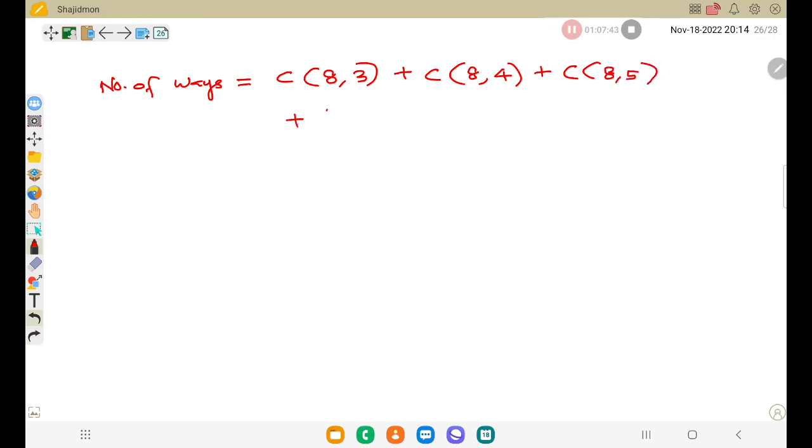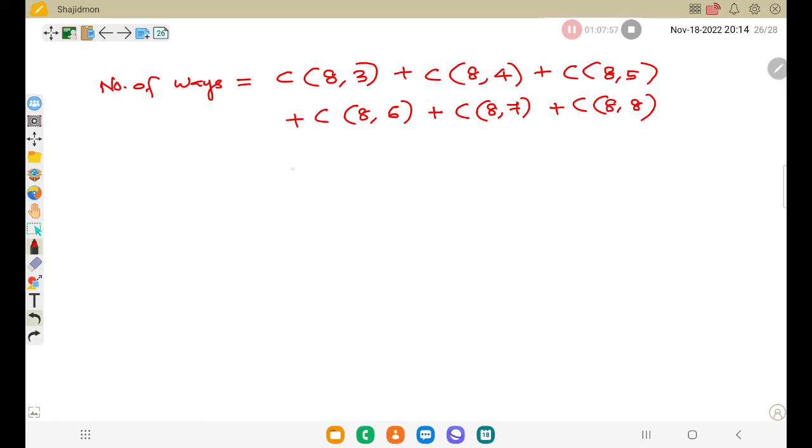number of ways equal to combination of 8, 3. Correct? Minimum 3, plus those 3 combinations we can select, 4 combinations we can select, 5 combinations, C(8,5), plus C(8,6), correct? 6 combinations, C(8,7), 7 combinations, and C(8,8), 8 combinations.